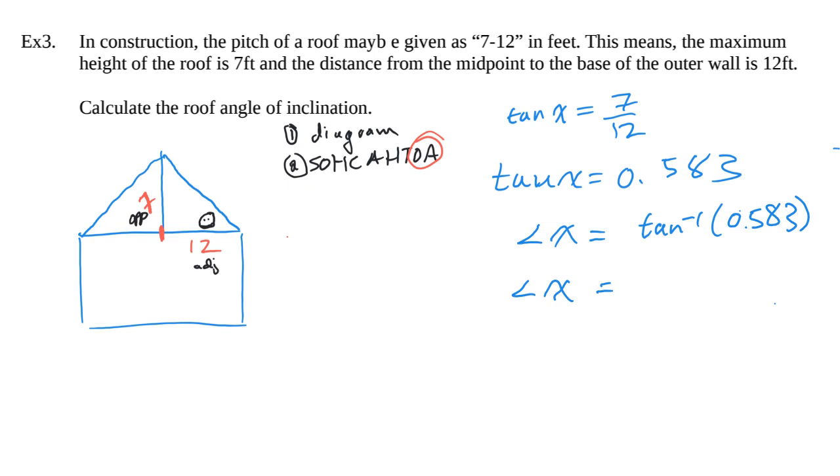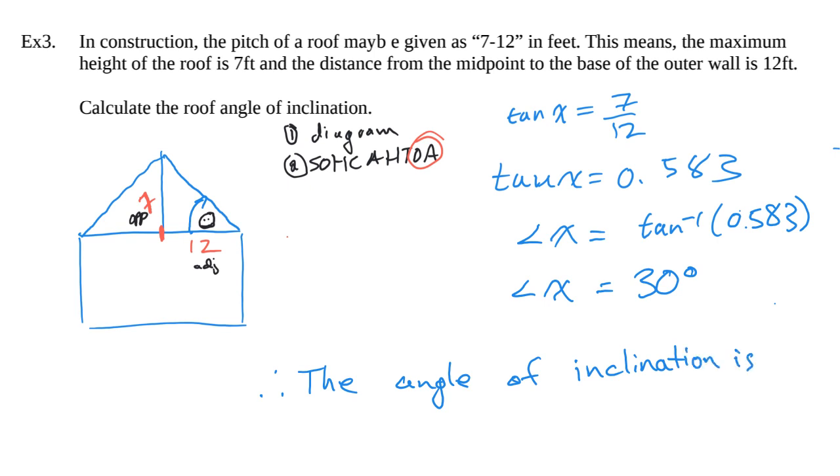In this case, we write 30 degrees, and that's our angle. The angle of inclination means it's rising up, so the angle of inclination is 30 degrees. And we're done.